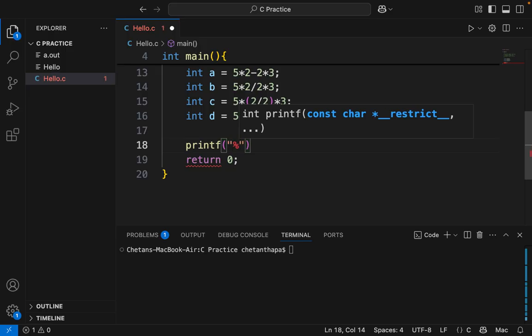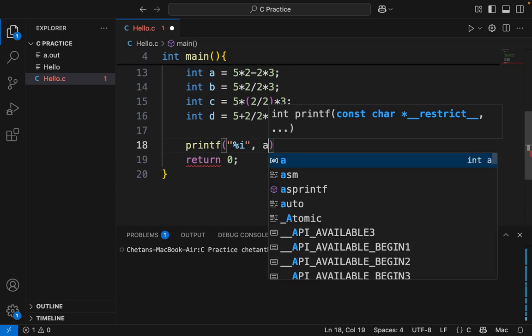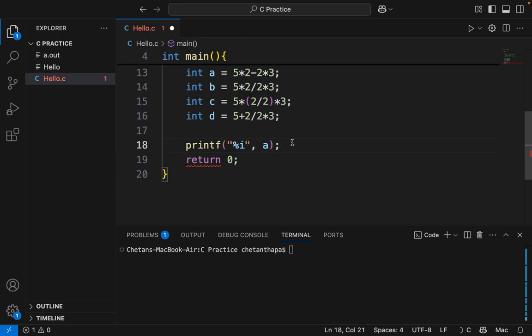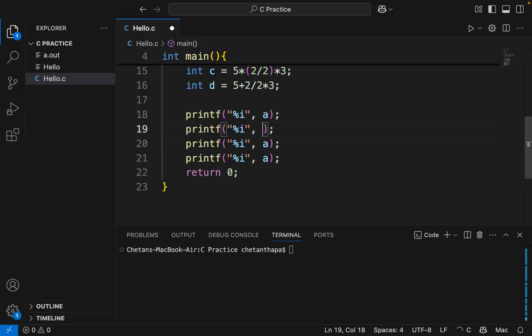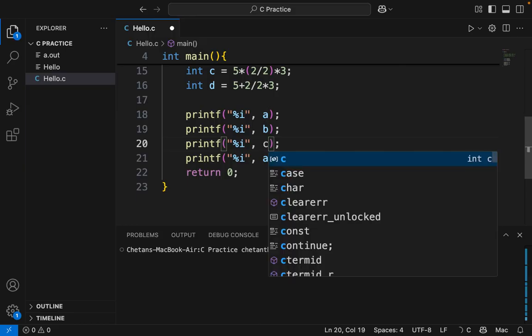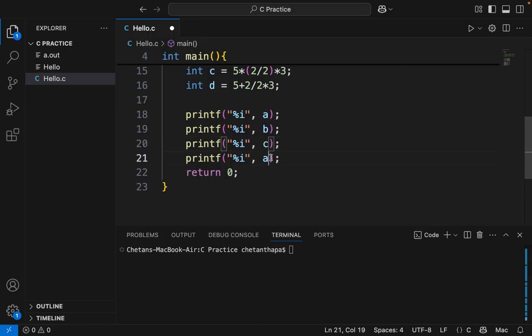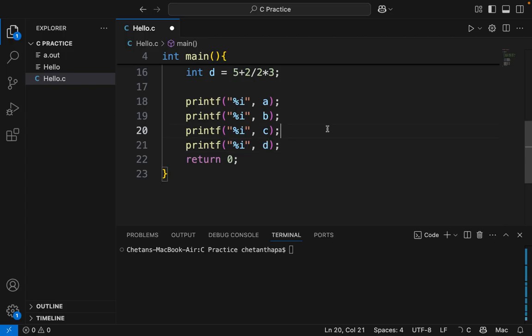Percentage i. Let's copy. Two, three, four, A, B, C, and D. Okay.